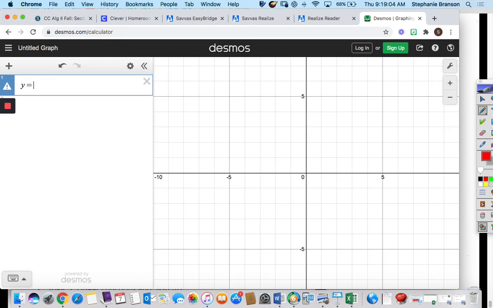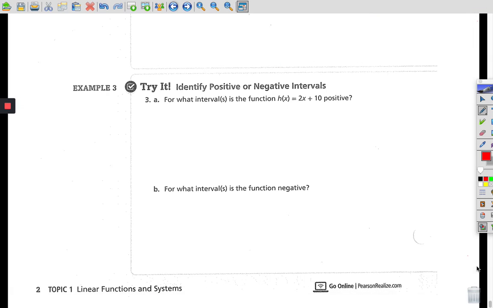y is equal to 2x plus 10. Remember, it is positive when it is above our x-axis. And it is negative when it is below our x-axis.